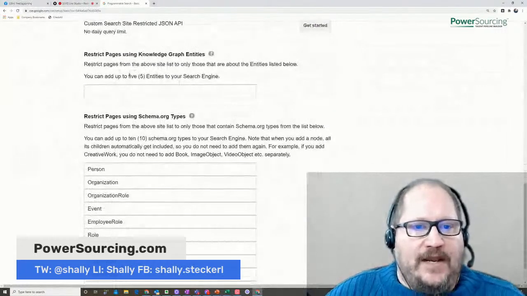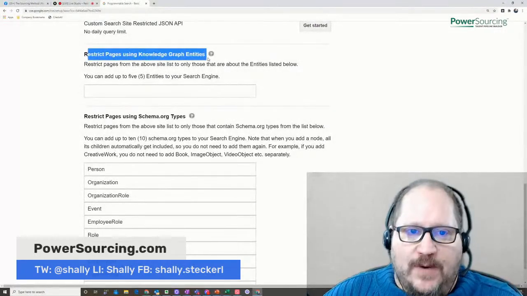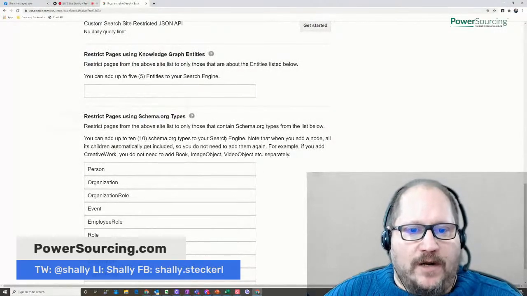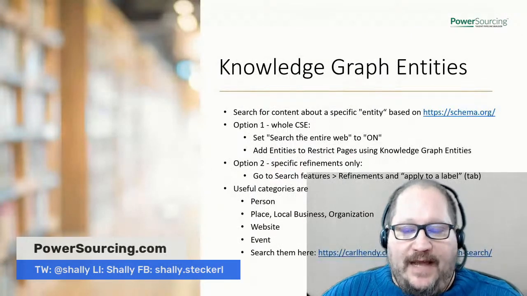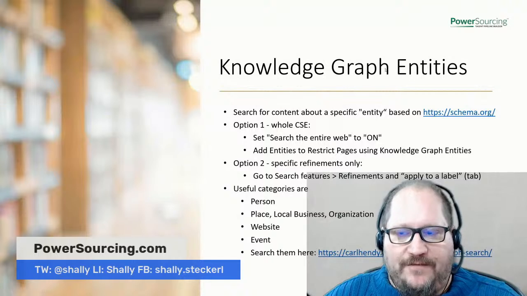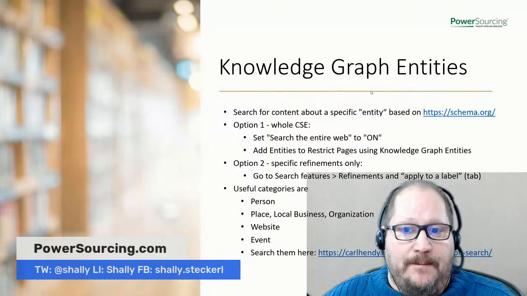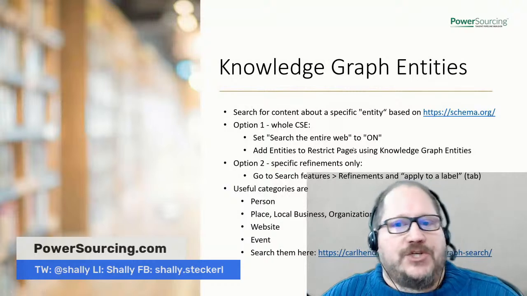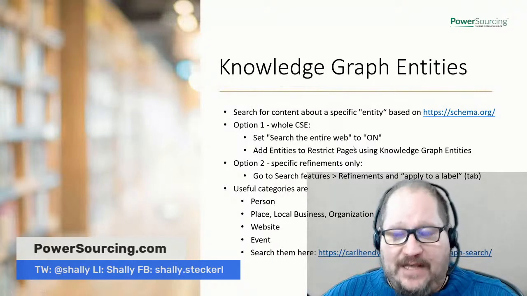You'll see that down here, there's the choice of knowledge graph entities or schema.org. As the PowerPoint identifies, you can have 2 options with regard to knowledge graph. There's a difference between knowledge graph and schema, and this becomes the biggest difference. A knowledge graph entity is a specific entity.